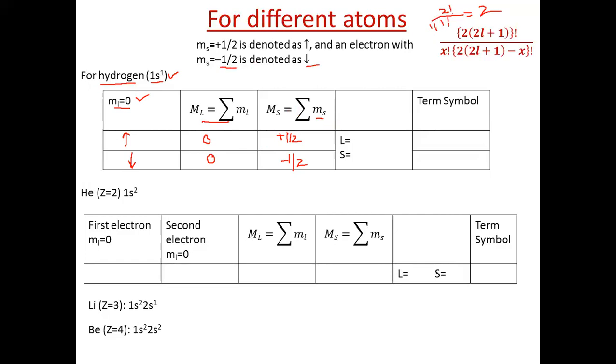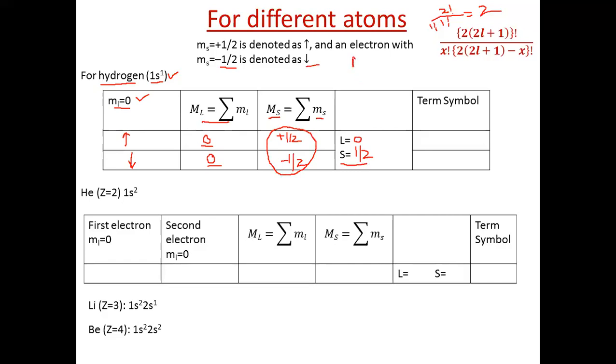Now we have to calculate L. For these two microstates, ML is 0, so it gives us the value L equal to 0. L is 0, ML is 0. So S is half, MS is half. If we put S equal to half, then MS can be plus half or minus half. So these two values can be represented by S value half.